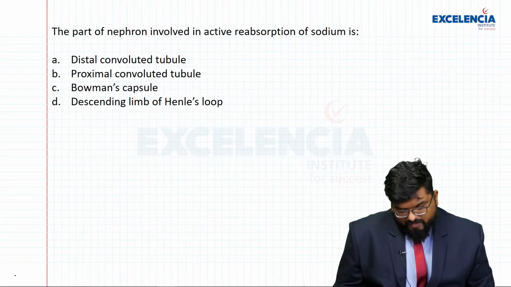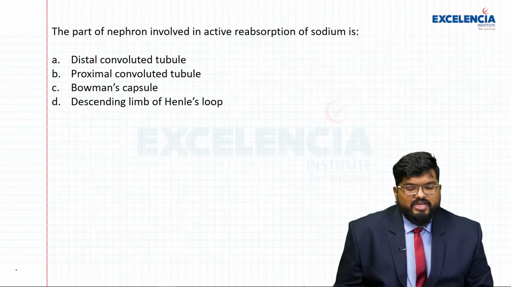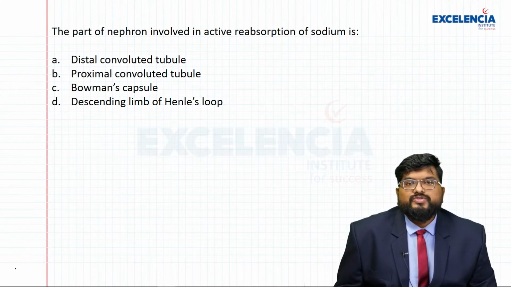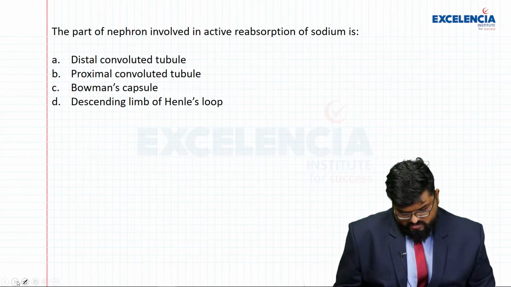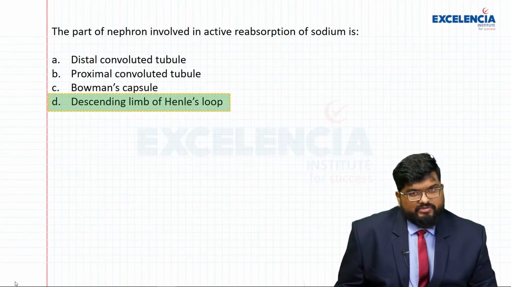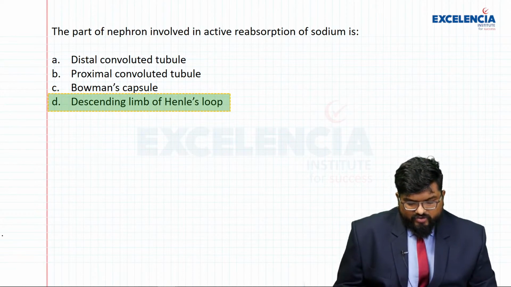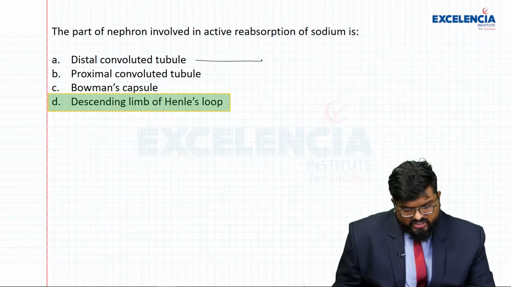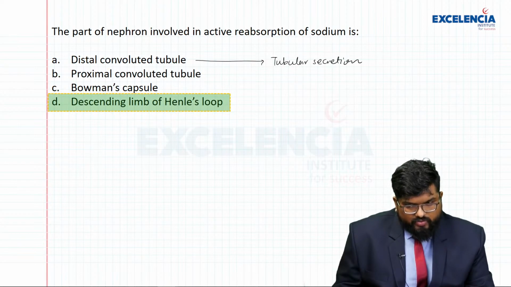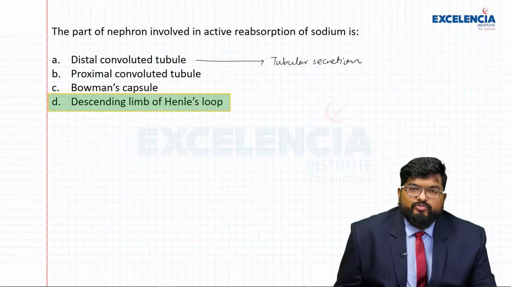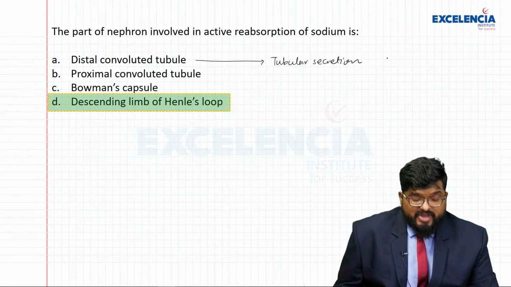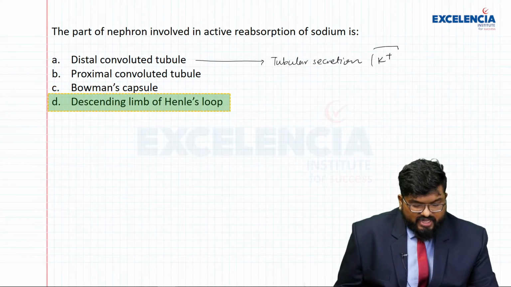Next, the part of nephron involved in active reabsorption of sodium is the descending limb of Henle's loop. The distal convoluted tubule is involved majorly in tubular secretion, and especially it secretes potassium ions.